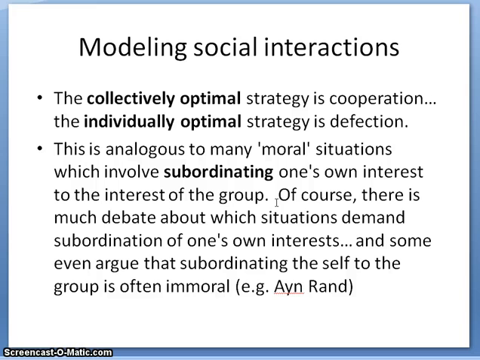Others will argue not necessarily, that there may be many examples, perhaps most, maybe even all, where the self-interested behavior is the moral thing to do, that subordinating your interest to the group is immoral, right? And somebody who might take that position is somebody like Ayn Rand, and we'll take a look at that a little later.